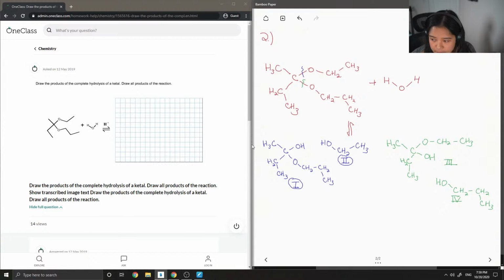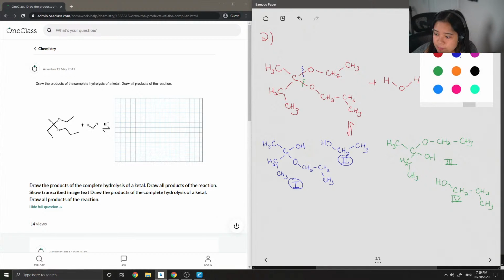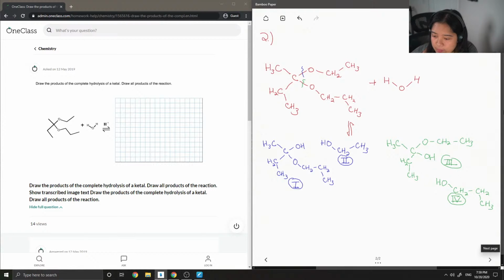And then that's product number 4. But it doesn't end here, because products 1 and 3 actually can undergo just another reaction. So I'm going to draw it out.